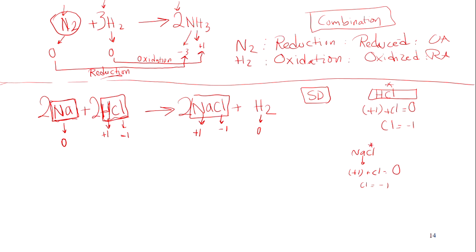I'm going to compare. Na is going to be changed from 0 to 1 positive. Na is going to have oxidation because the oxidation number increases. Oxidation. If we have oxidation, we call that this one oxidized.